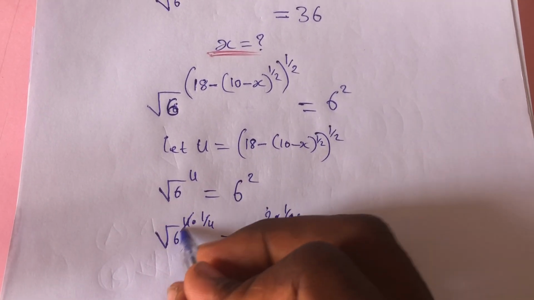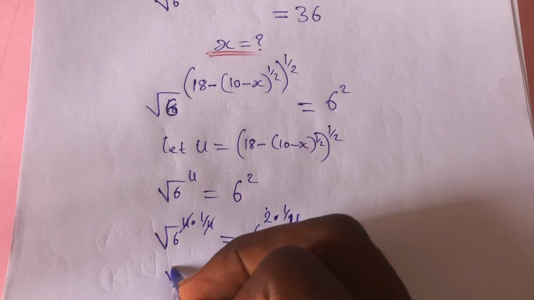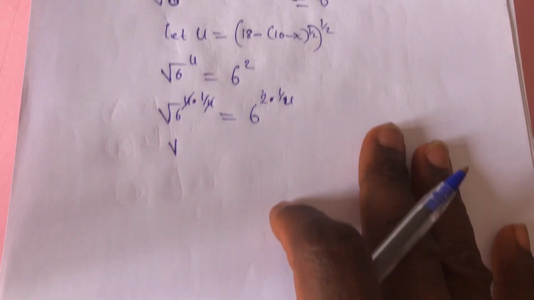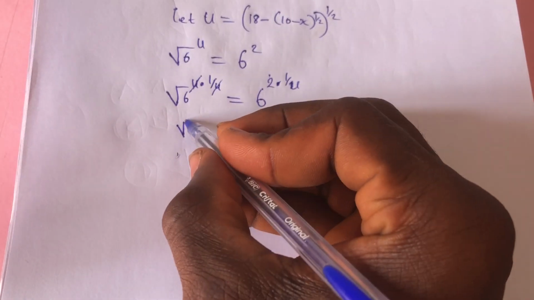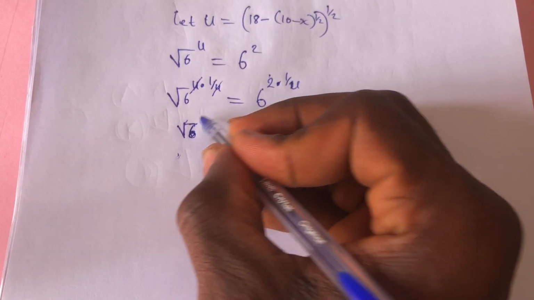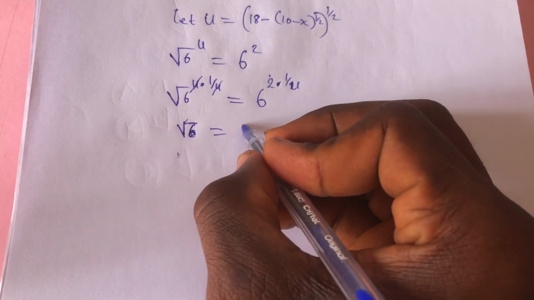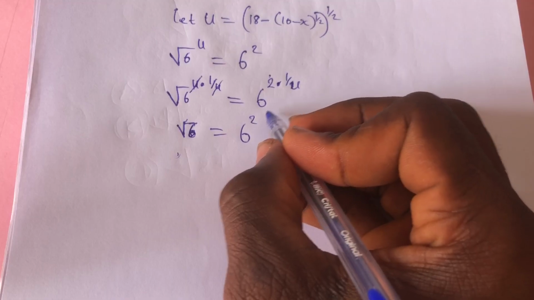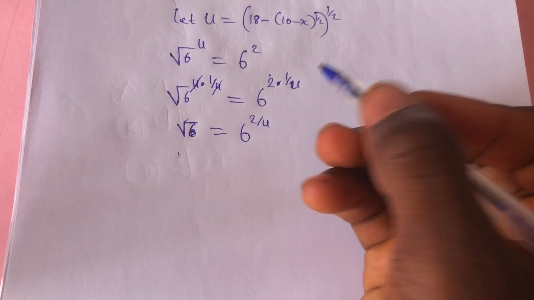So this takes down the u, and we have that the square root of 6 is equal to 6 raised to the power 2 over u.